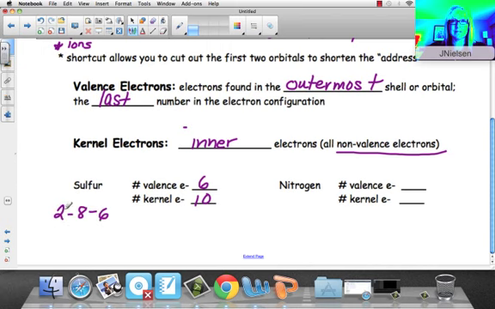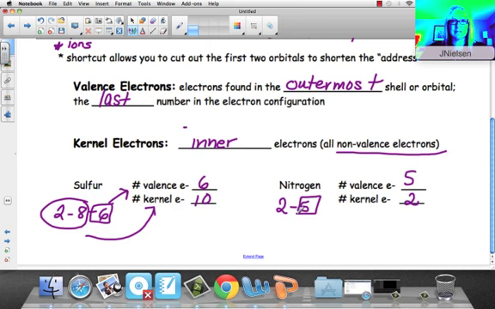So this is its electron configuration, 2, 8, 6. These are the valence electrons, and these are the kernel. Nitrogen has 5 valence and 2 kernel, its electron configuration is 2, 5. This is the valence, and then the 2 is the kernel.